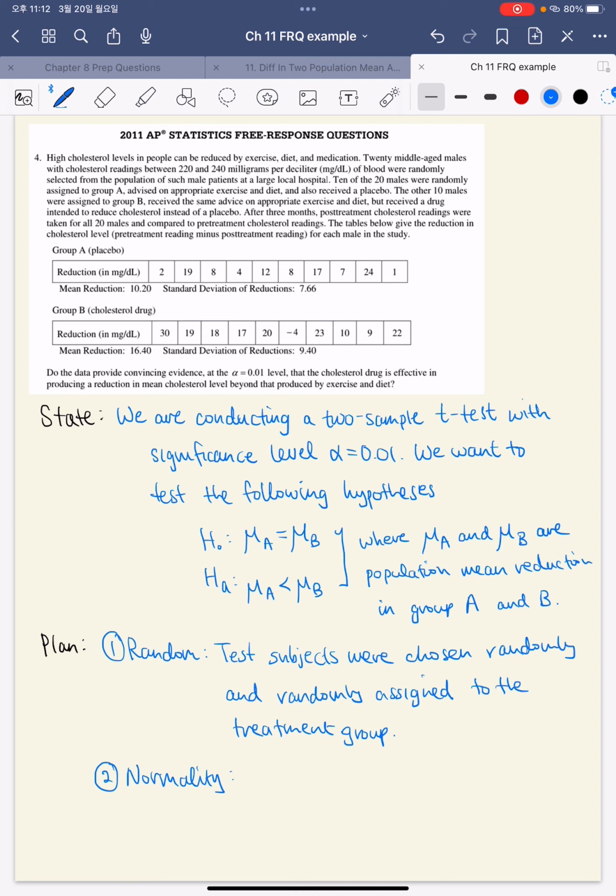So usually for normality, we have to check if CLT works. And central limit theorem actually does not work here because our sample size for group A is less than 30 and our sample size for group B is also less than 30.